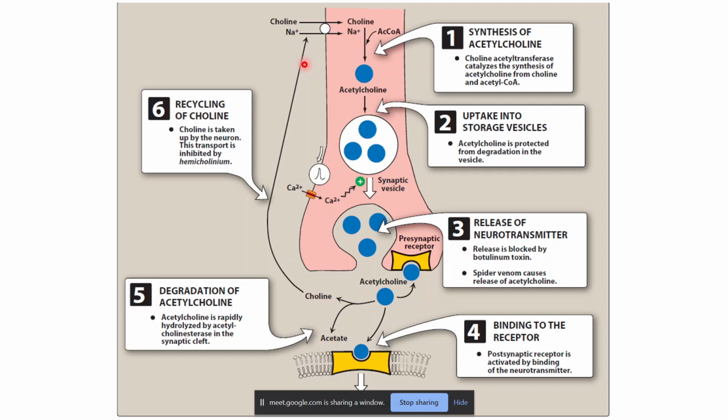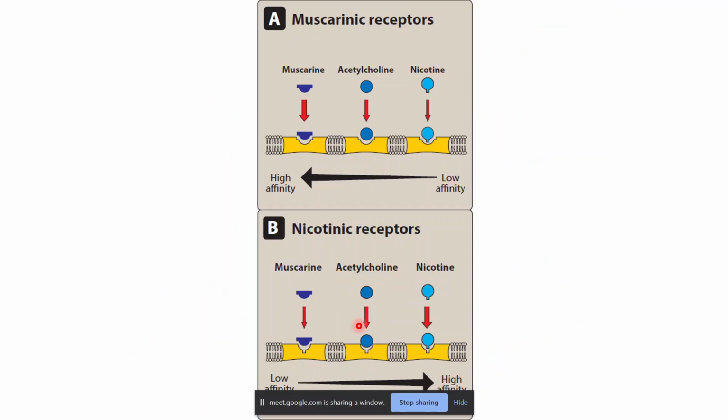And actually on every one of these stages there are drugs that will inhibit it, but most drugs will act on the receptor and will block or activate the cholinergic receptor. There are two types of cholinergic receptor. First is the muscarinic receptor and the second is nicotinic.